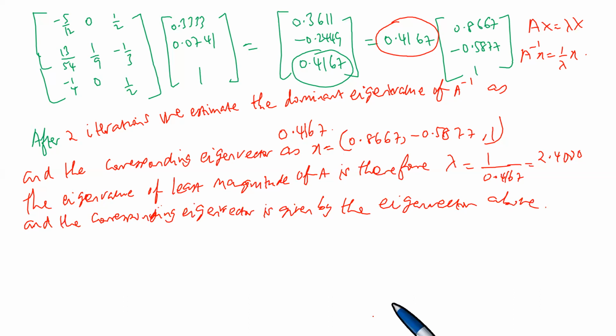Okay, so the corresponding eigenvector is the green one there. Okay.